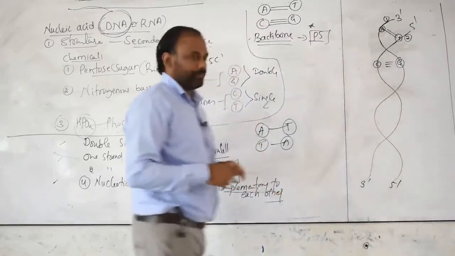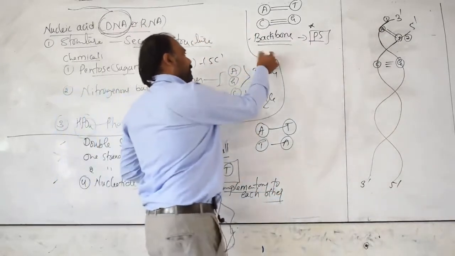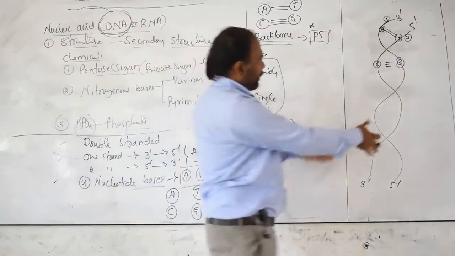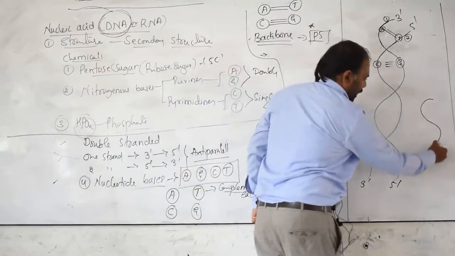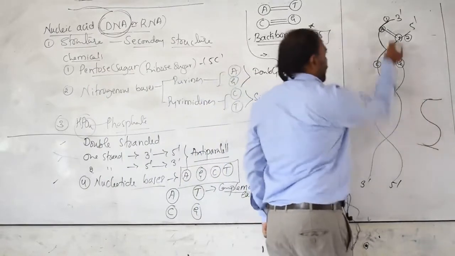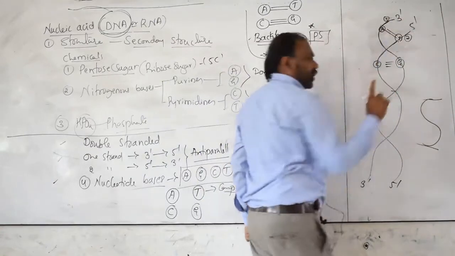Next, when you look at this structure, from here to here is called one groove.